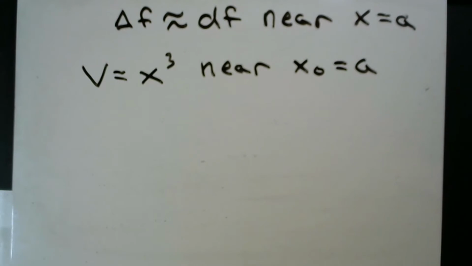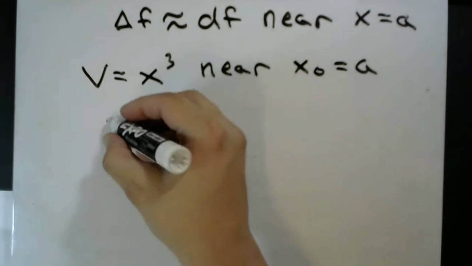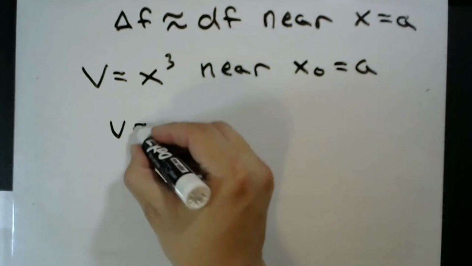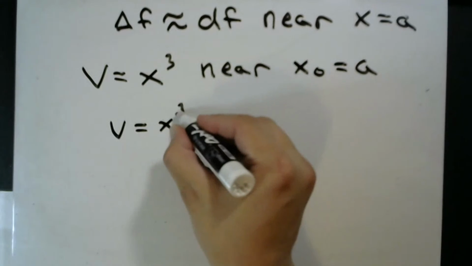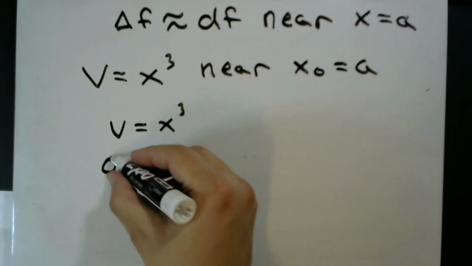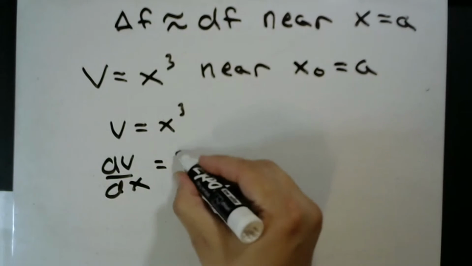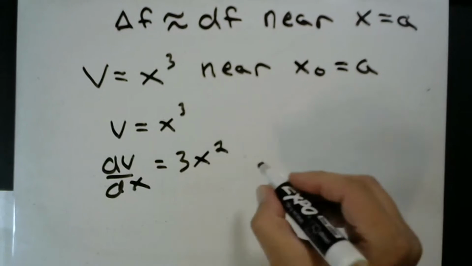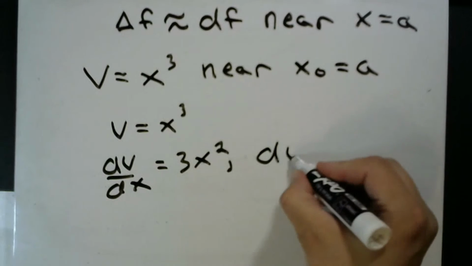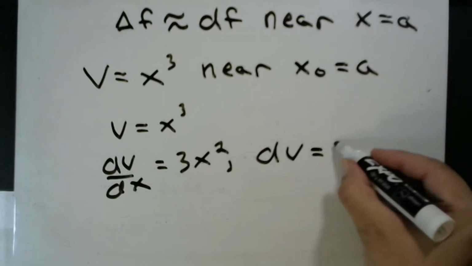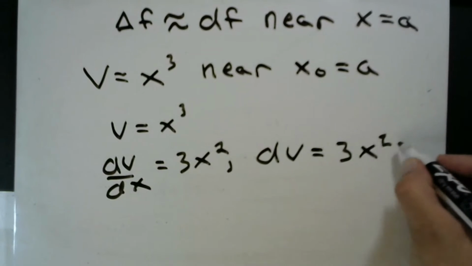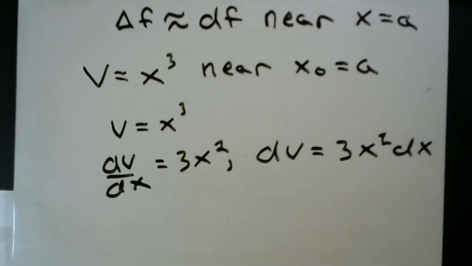And again, this just makes life a little easier. So our volume is x cubed. dv dx is 3x squared, or dv is 3x squared dx.